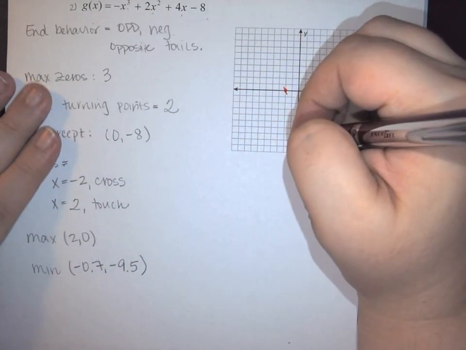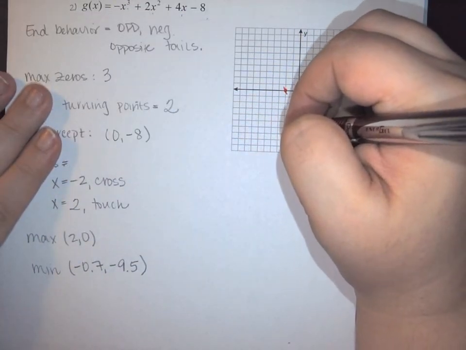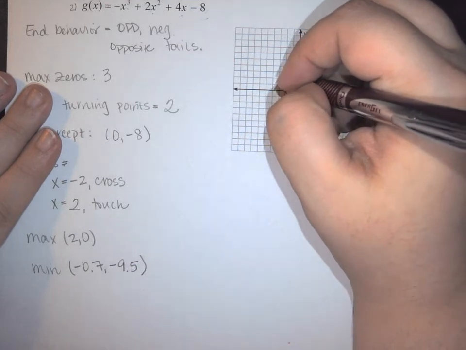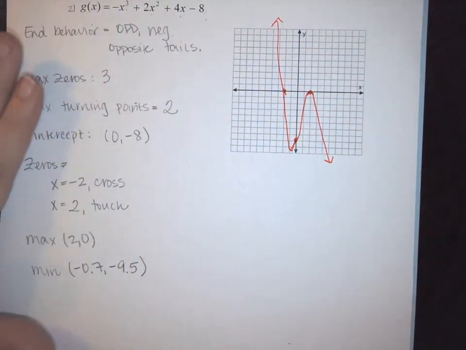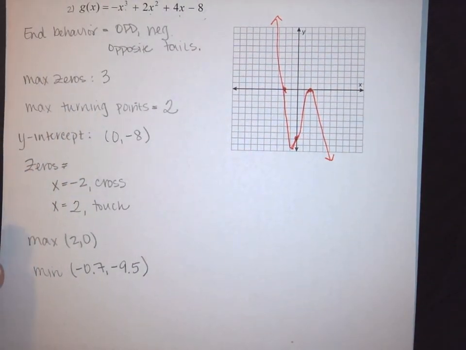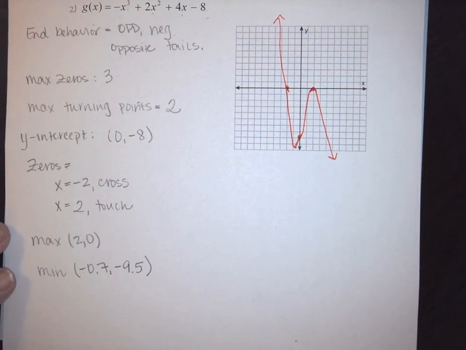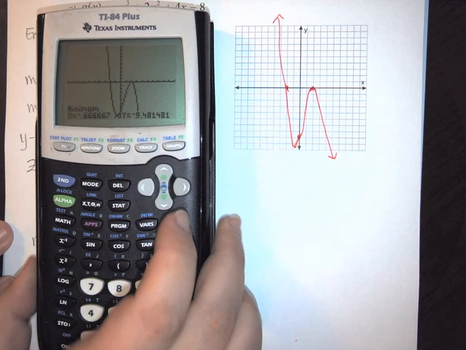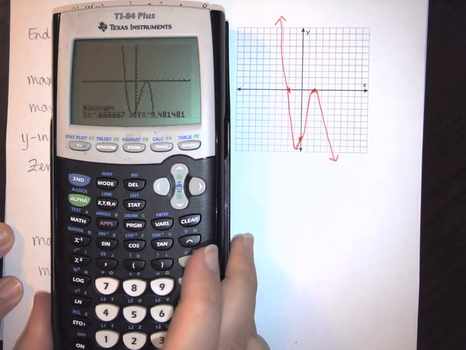And then it's going to curve around and it's going to come straight up like this. Okay. So notice, not totally perfect, but if I compare it to my graph here, it looks pretty darn close.